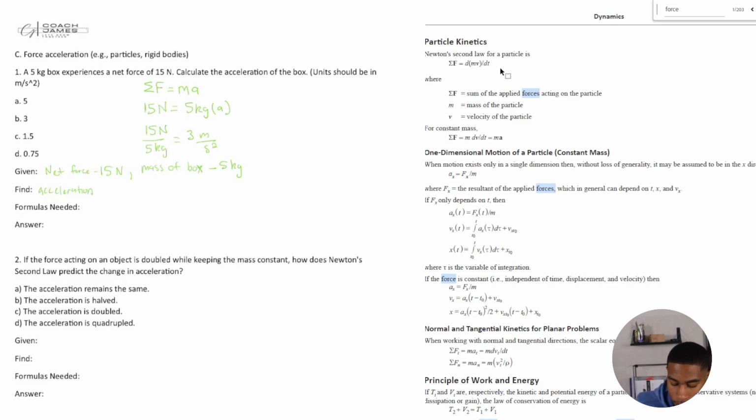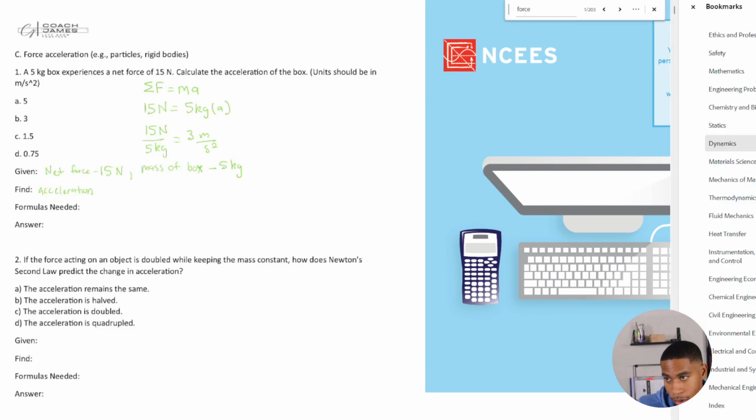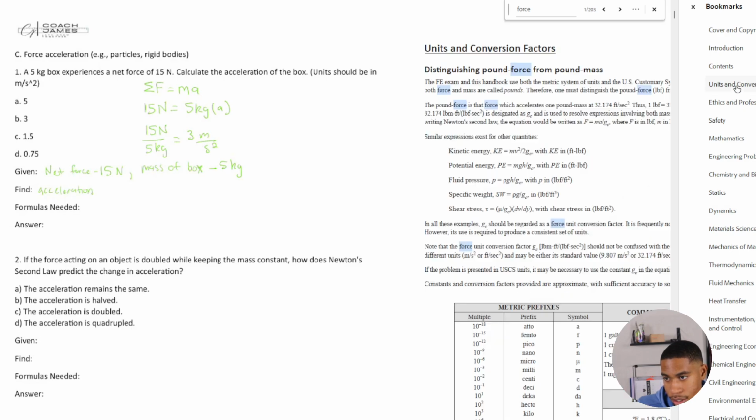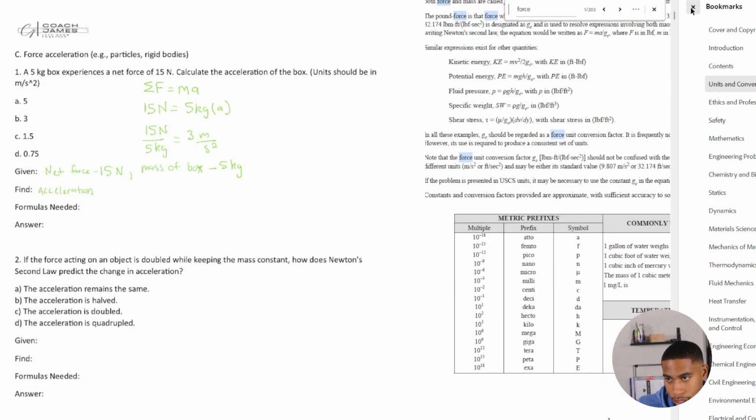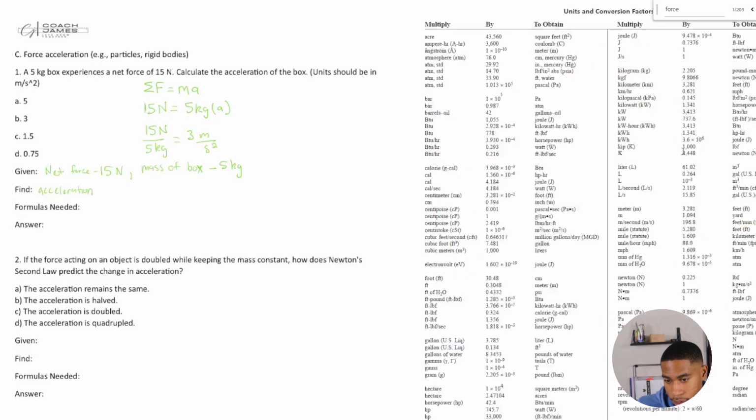Anytime you do newtons over kilograms, I'll show you how this comes out to be 3 meters per second squared, because I'm sure you're thinking that doesn't make sense. If we go to unit conversions in the handbook, this is all in the handbook. Most of the things that I do, if it's not in the handbook, I probably won't know it.